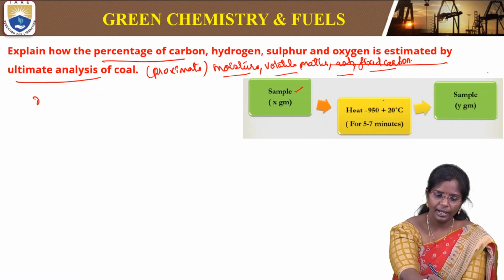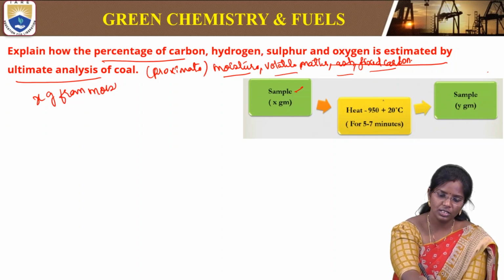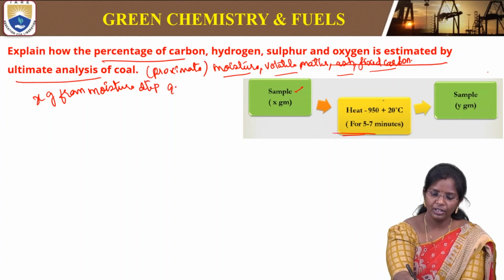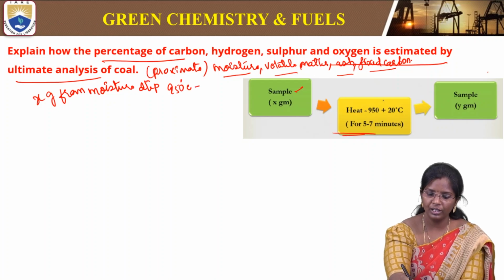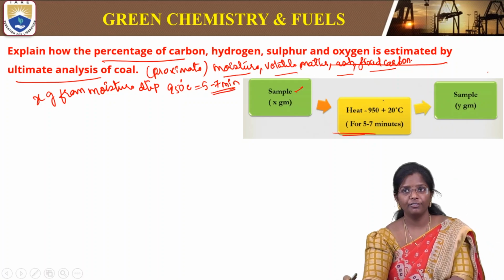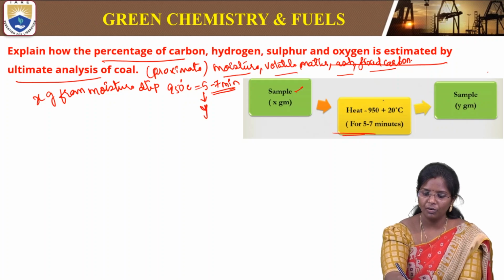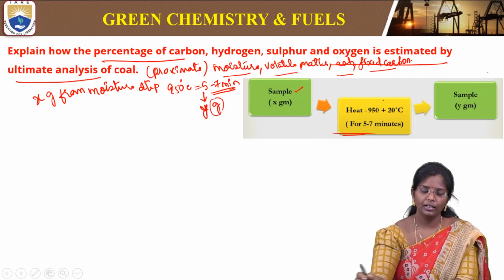The sample X grams from the moisture step is taken and heated at 950 degrees centigrade for 5 to 7 minutes, only 5 to 7 minutes, and that will give a weight of Y grams.